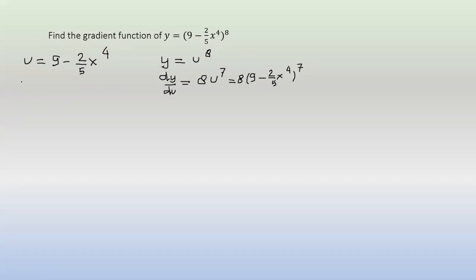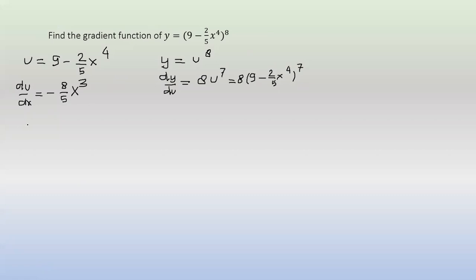Okay, so how about u? du/dx equals 4 times negative 2/5, it means negative 8/5 x cubed, like this.